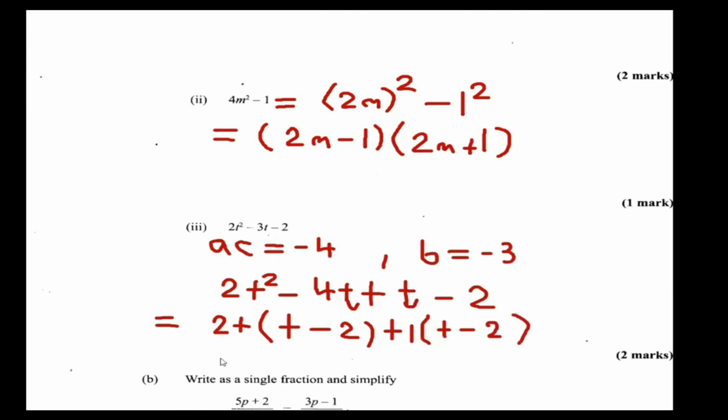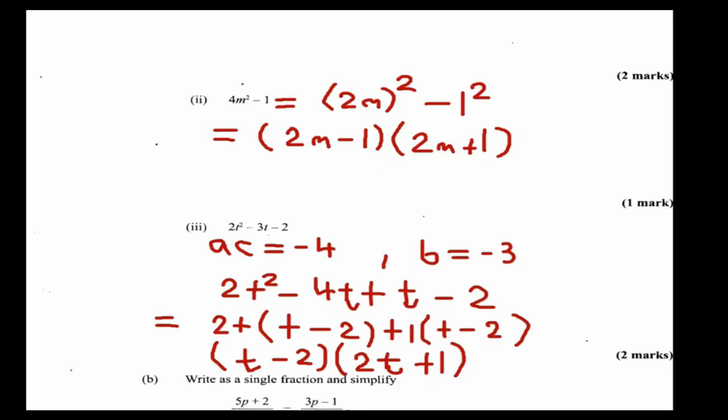Finally, we can factor out t minus 2 from this expression to get t minus 2, and it's being multiplied by 2t plus 1. Nice and easy. And so this takes care of part 3.